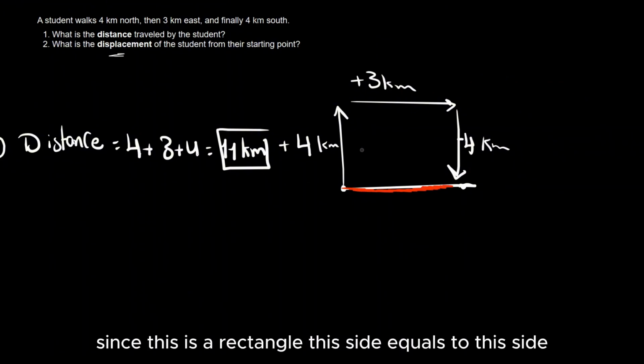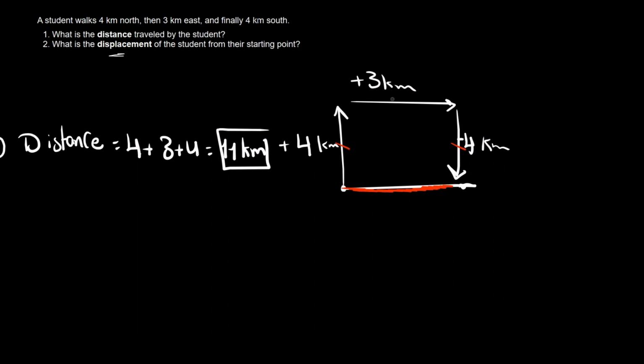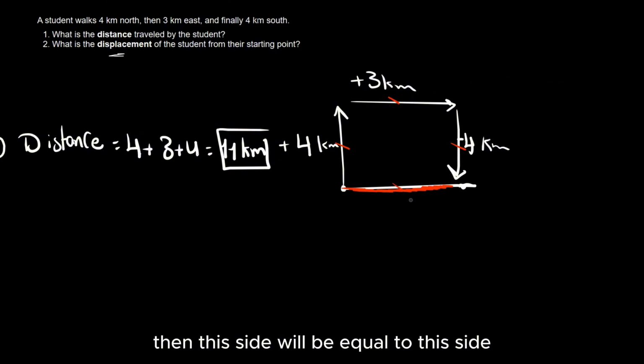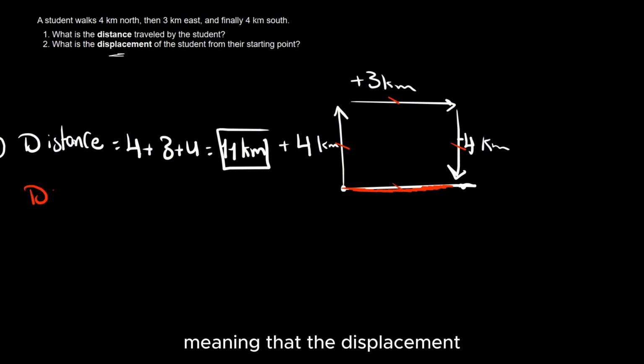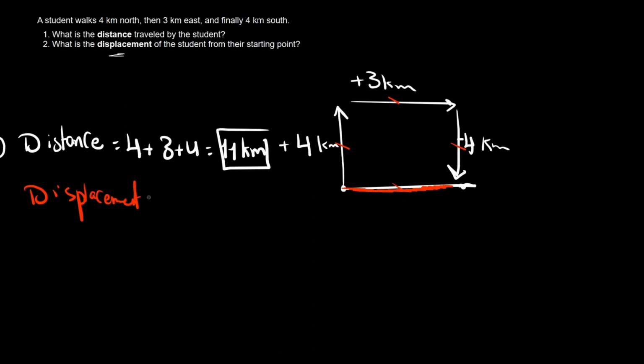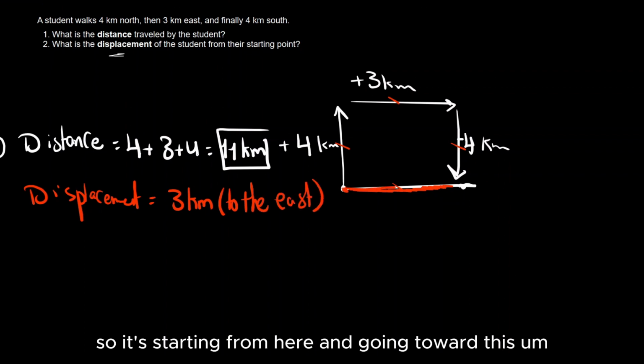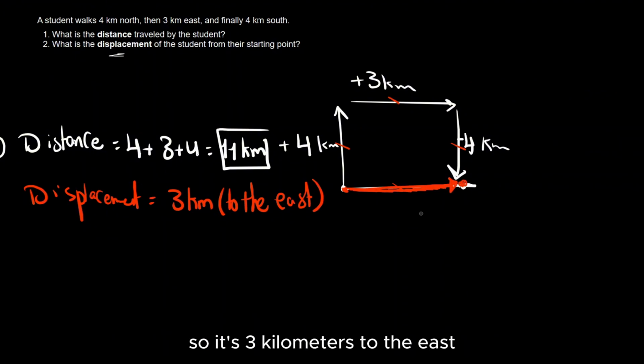Since this is a rectangle, this side equals this side, then this side will be equal to this side, meaning that the displacement equals 3 kilometers to the east. Since it's starting from here and going toward this direction, and it ends here. So it's 3 kilometers to the east.